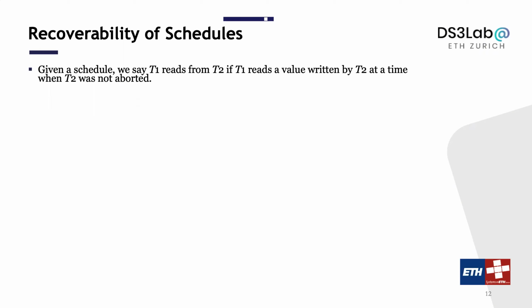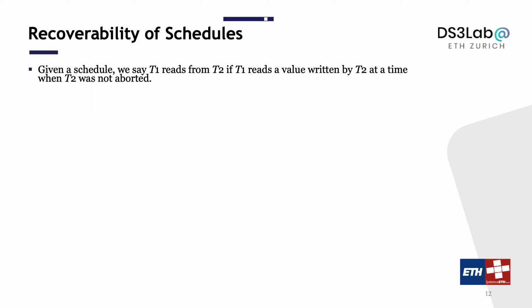Given a schedule of two or multiple transactions, say T1 and T2, we say T1 reads from T2 if T1 reads a value written by T2 at the time when T2 was not aborted. Essentially, that is somehow similar to the notion of a dirty read, right?